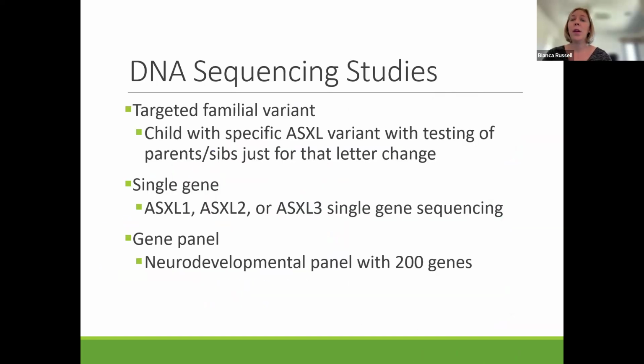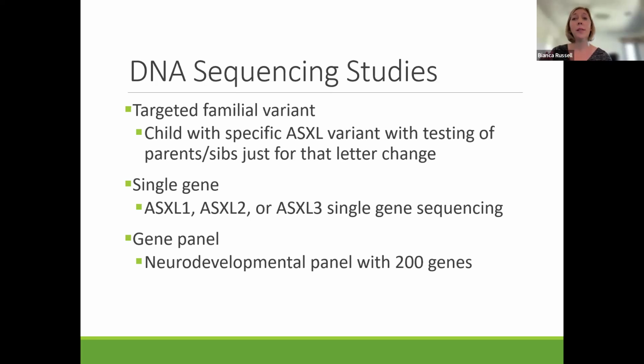Okay. So there are several different sequencing studies that exist and that many of our families have had. The most specific one would be targeted familial variant testing. This is the case where perhaps your child has been identified as having an ASXL1 change or variant, and then testing is done on parents or a sibling just for that specific letter change.